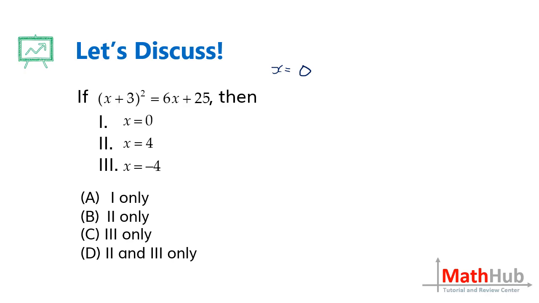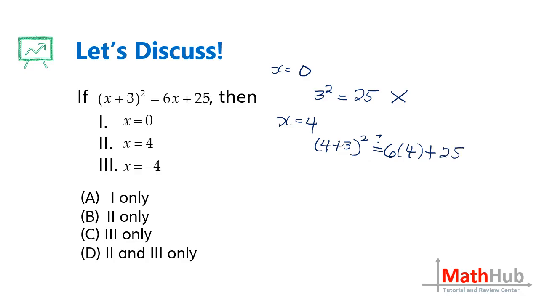If x equals 0, when I substitute, I get 3 squared equals 25. Obviously, not true. If x is equal to 4, we have 4 plus 3 squared. Is that equal to 6 times 4 plus 25? So this is 49. This is also 49. So it is true. x equals negative 4.